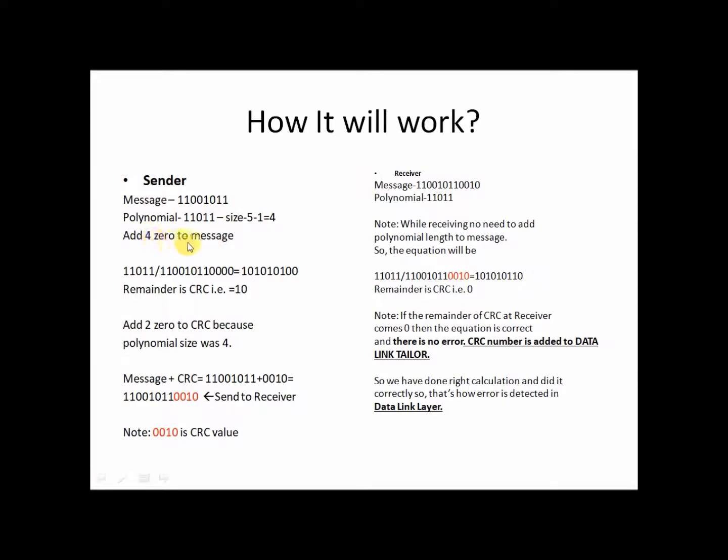So if you have a polynomial of 5 digits, you subtract 1 and get 4, and you add that number of zeros to the message at the back. You can see the message has been padded with 4 zeros at the back. When it is divided, you get this as the output, and the remainder is 10.